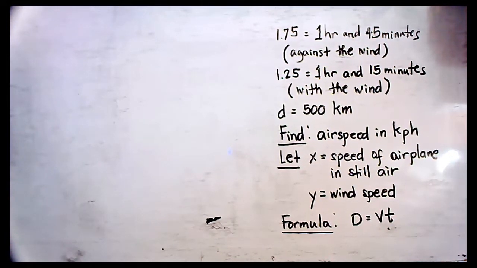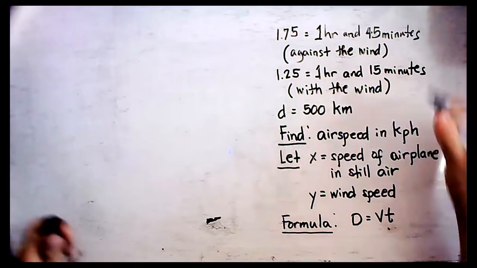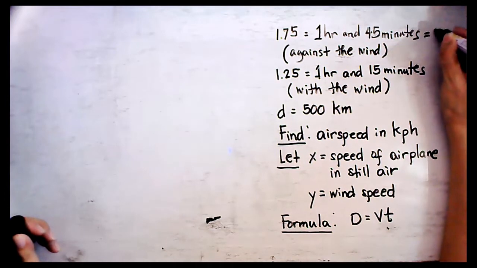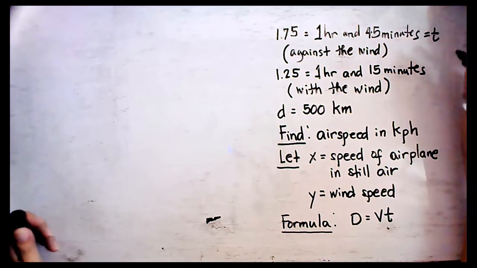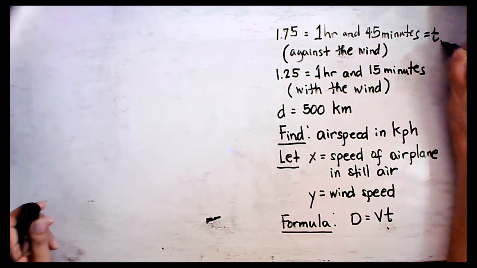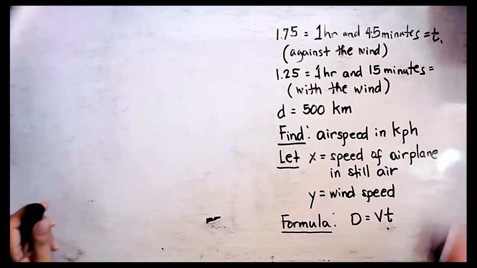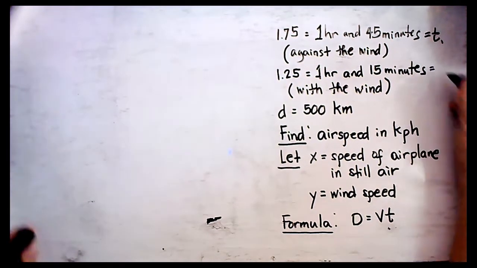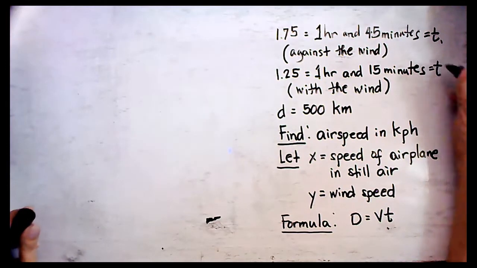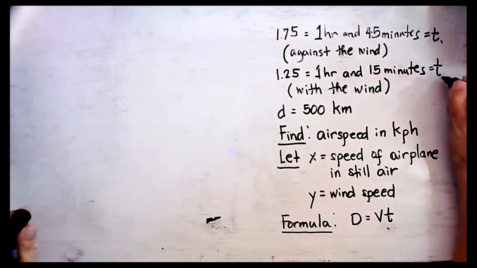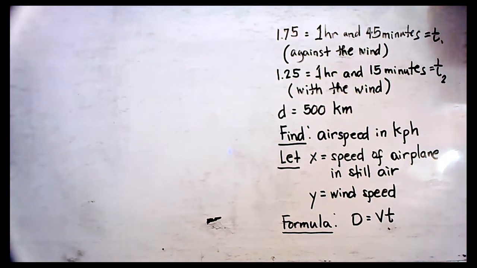So if we consider the time it would take for the airplane to travel against the wind, this is one of the times that we have. Let's say this is t sub 1. And then if it is traveling with the wind, then the time it would take to travel the 500 kilometers is 1.25. So those are the essential data which we can use in our computation.